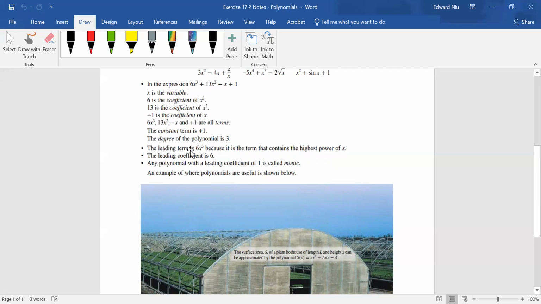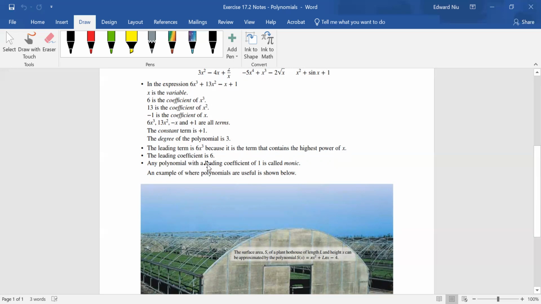The leading term is 6x cubed because it has the highest power. And we always want to organize our expression to have the highest power first, or to the far left, okay, and then the constant to the far right, and then everything else in between, in the middle, based on the x power.